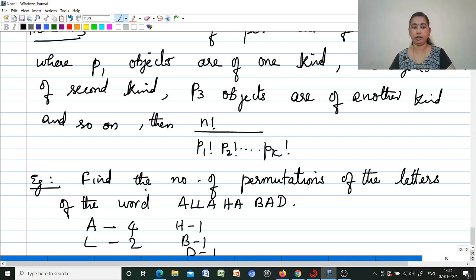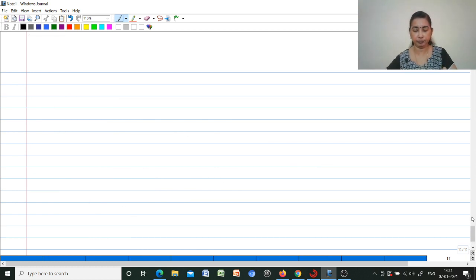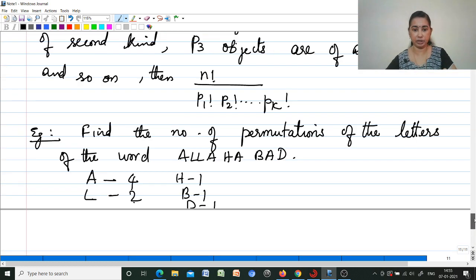So, here in this case p1 of one kind, A is coming 4 times. Then repetition is here. Okay. So, L is coming 2 times, H is coming 1 time, B is coming 1 time, D is coming 1 time. So, how many different permutations can we find?